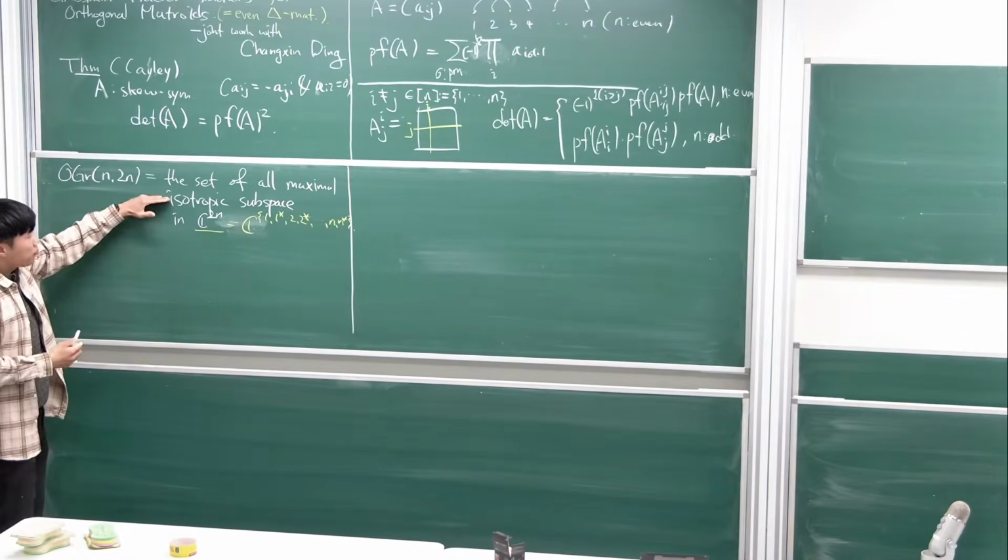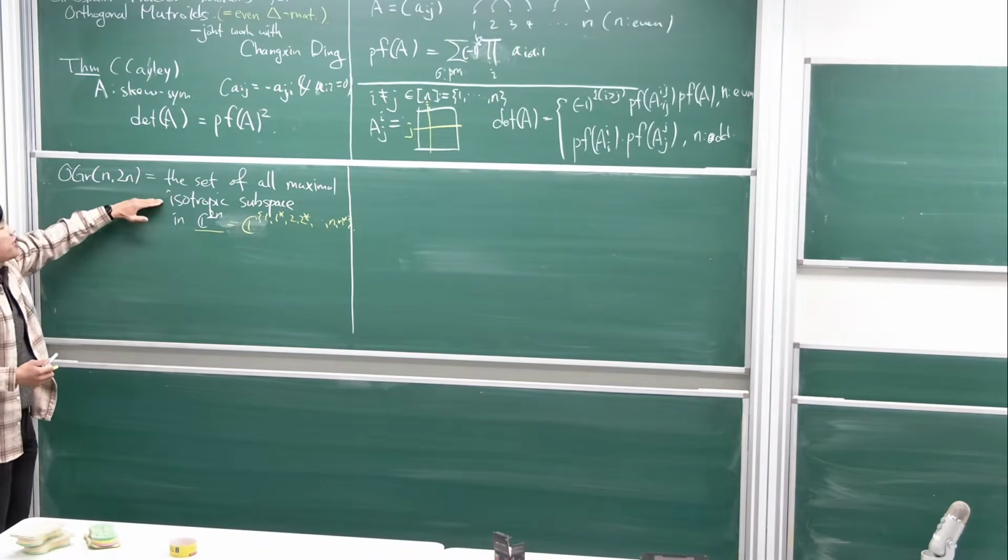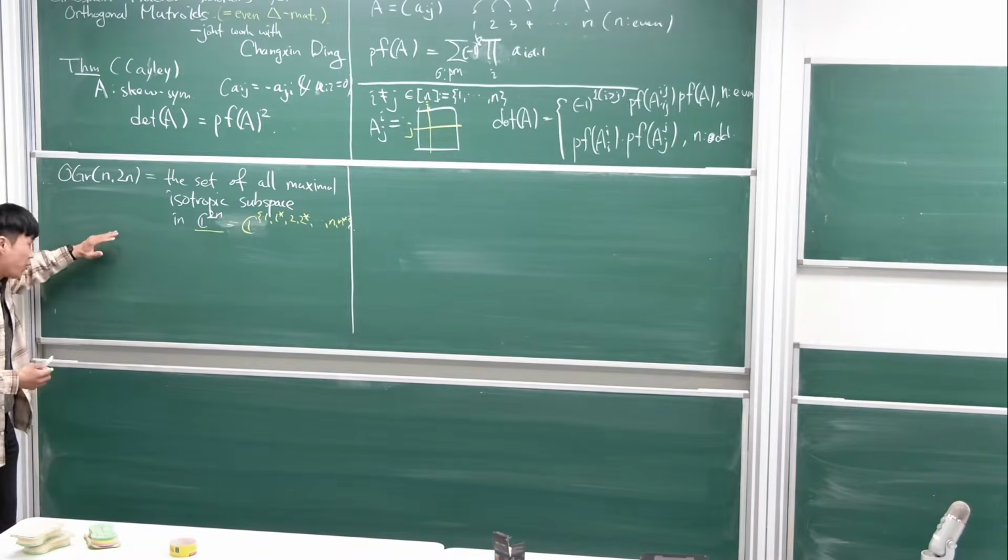Here, isotropic means that this vanishes with respect to the following symmetric bilinear form.